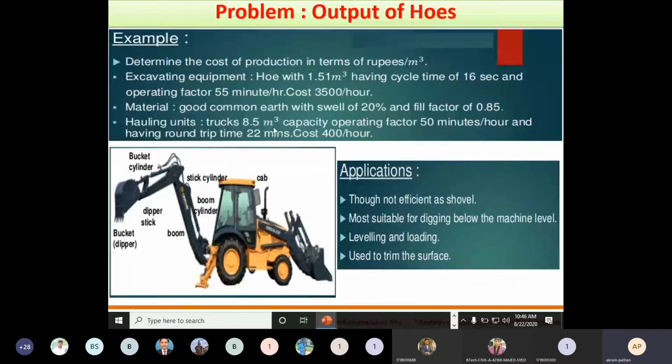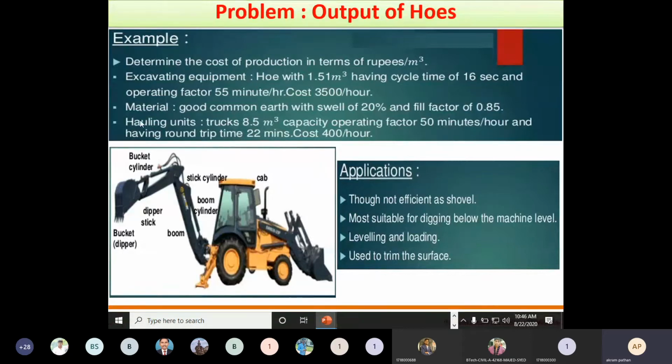So the truck capacity is 8.5 meter cube, because the excavated material we have to dump in this particular truck. The capacity operating factor is 50 minutes per hour, and it has a round trip of 22 minutes.